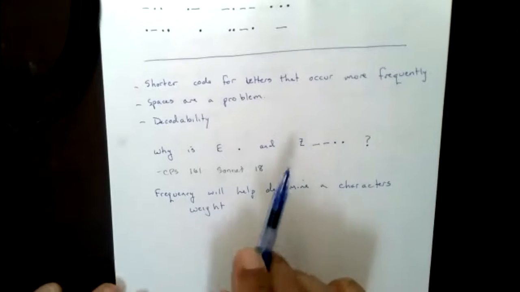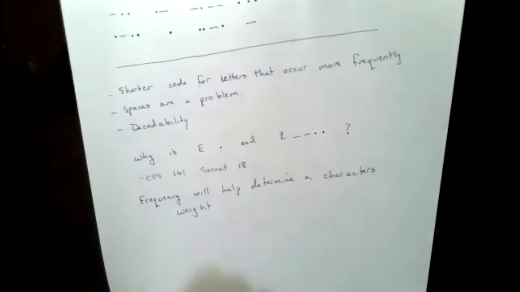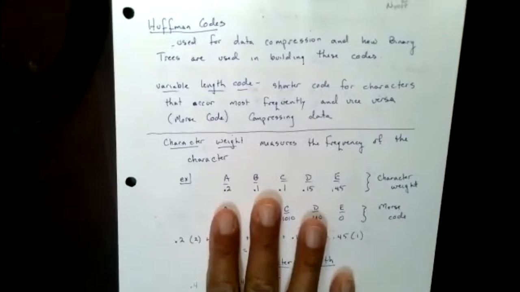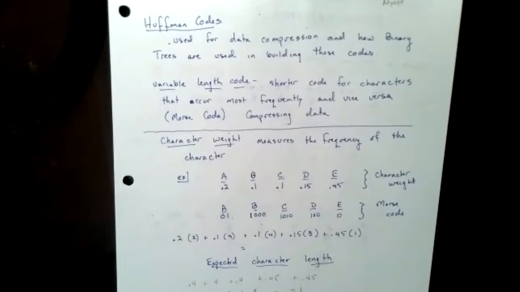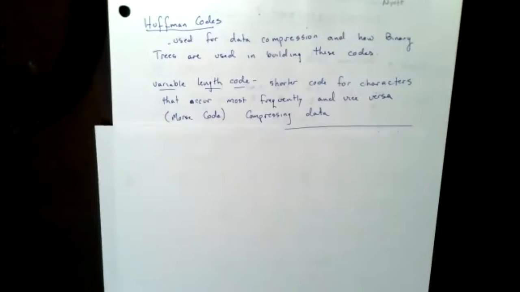Well, the way this is done to build our own secret code, we're going to start by finding the frequency for each letter, and that frequency is going to determine what we call weight. Okay, so how do we do this? Well, we're going to use something called a Huffman code, and as you can see, it's going to use a data tree, and it's going to be built for what we call data compression.